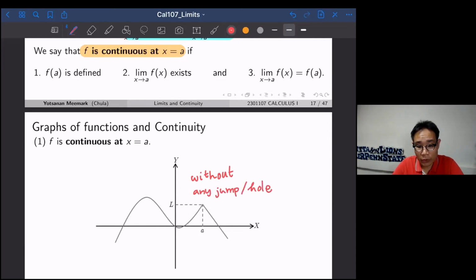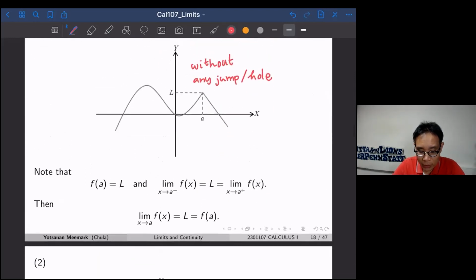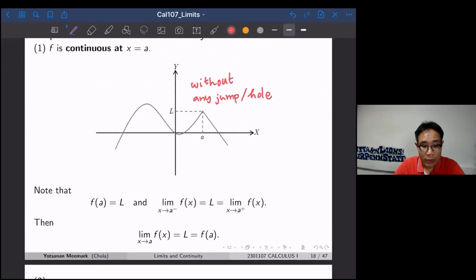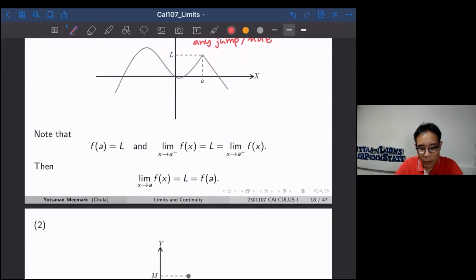Okay, so it's continuous. The thing that we have seen, in terms of the limit, is f(a) equal to L, the limit as x goes to a from the left of f(x) equal to L, and the limit as x goes to a from the right of f(x) also equal to L. So you see that the limit as x goes to a of f(x) equals L equals f(a).